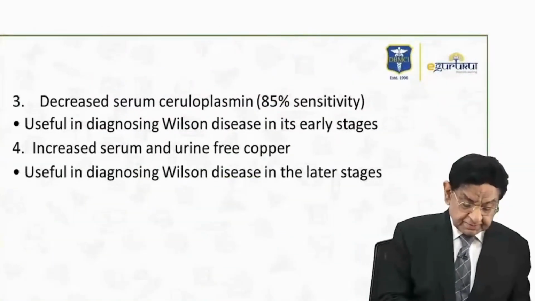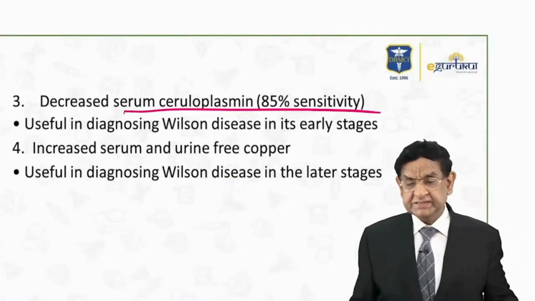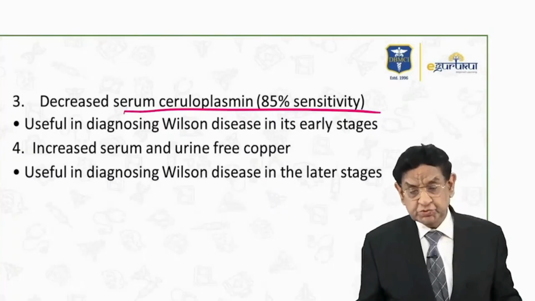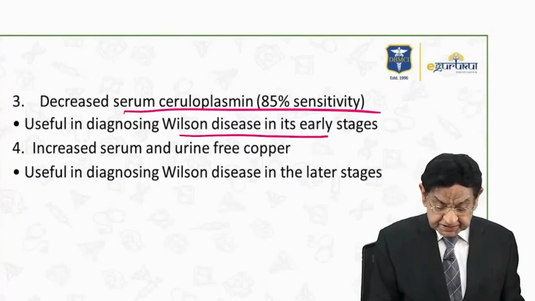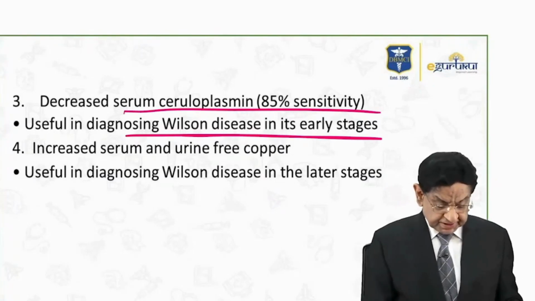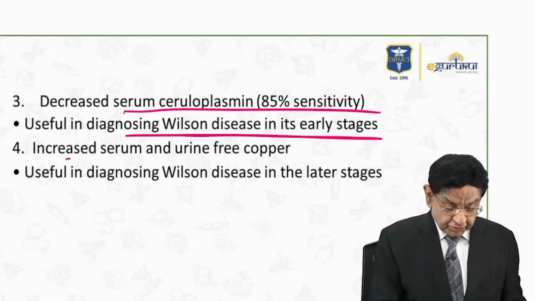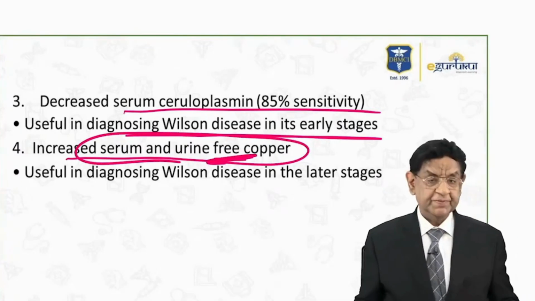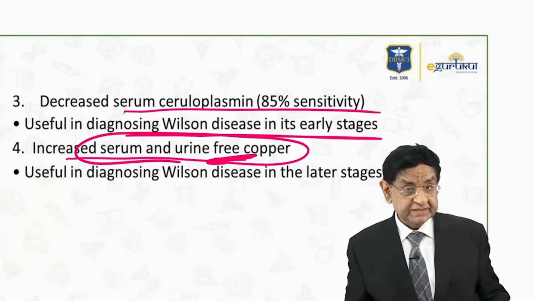So decreased serum ceruloplasmin has a very high sensitivity, 85%, and it is a very useful investigation in the early stage of the disease. But in the late stage, it is better to look for serum and urine free copper levels. They are increased.